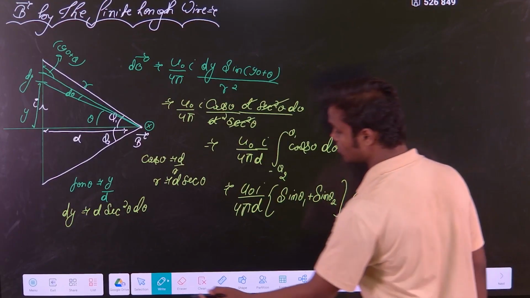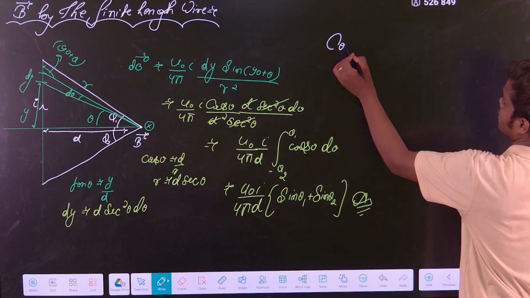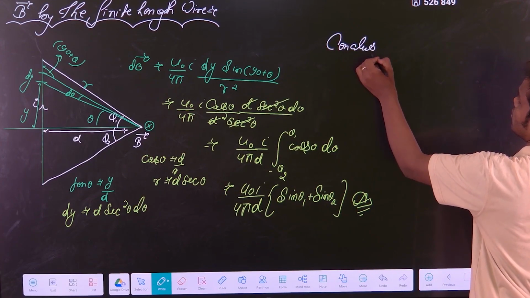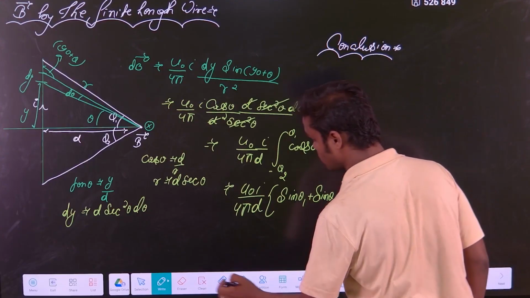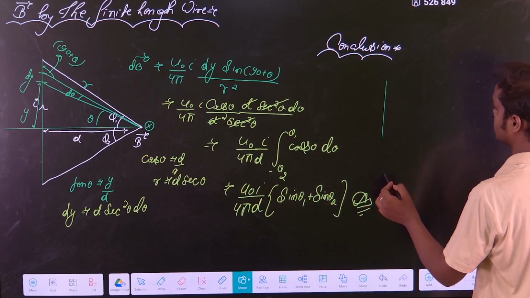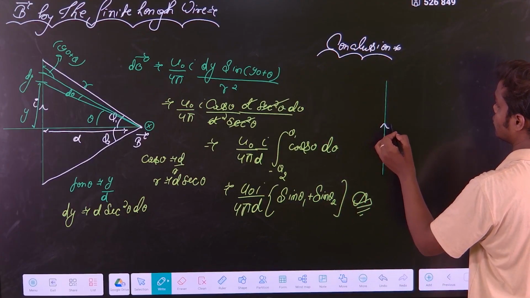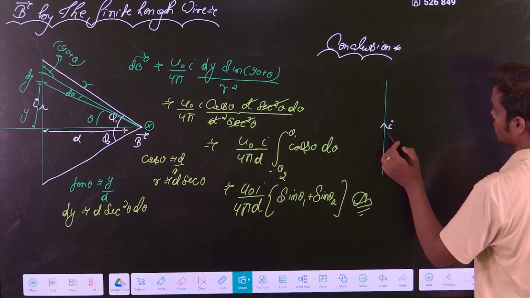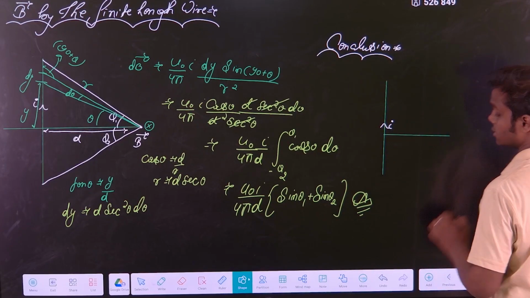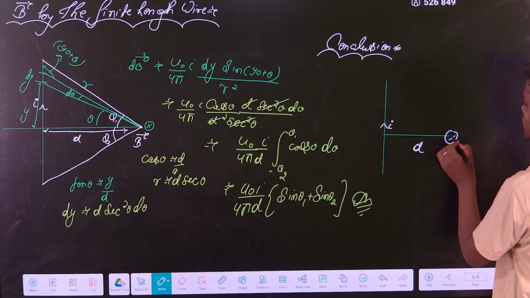So basically, I am giving you a conclusion, and it is very simple. What is the conclusion you have to remember? If there is a wire of finite length, and the current going is I, and the distance is given as d, in this case the magnetic field is inside.